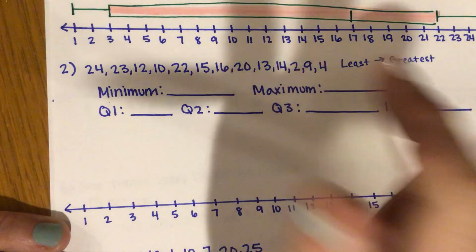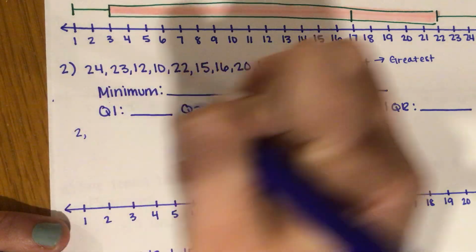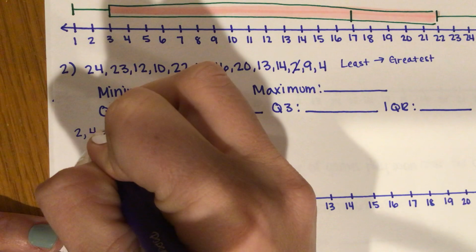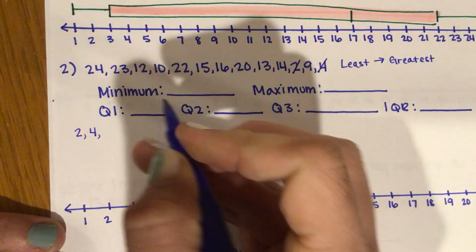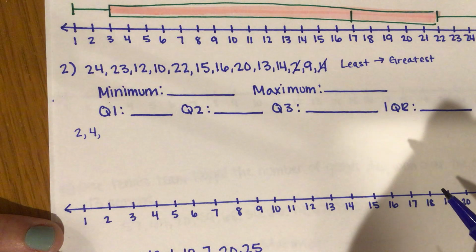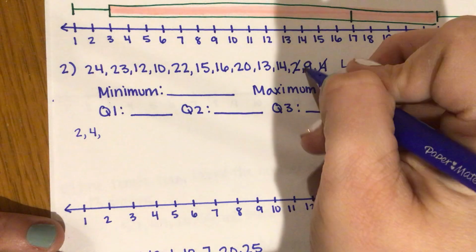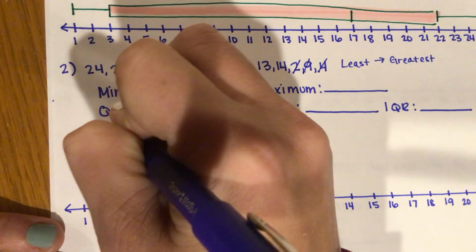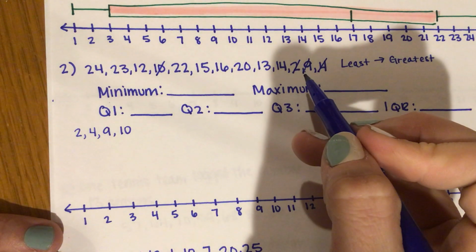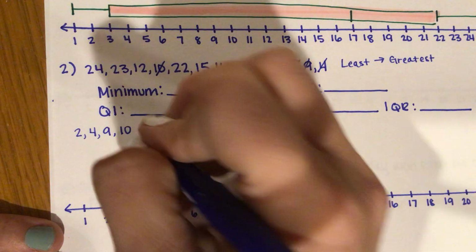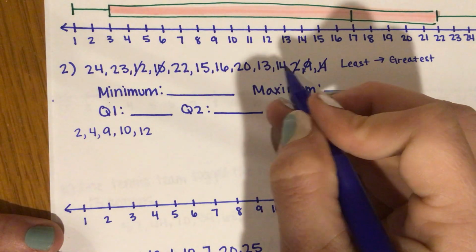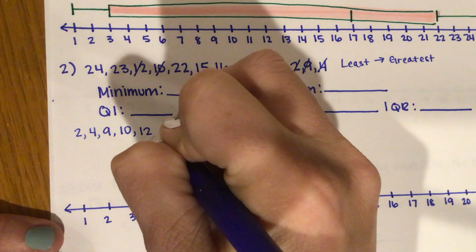So I'm going to go through and find the lowest one, which looks to be 2. There's no 3, there is a 4. 5, 6, 7, 8, there's a 9. There's a 10. There's not an 11, but there is a 12, a 13, 14, 15, 16.